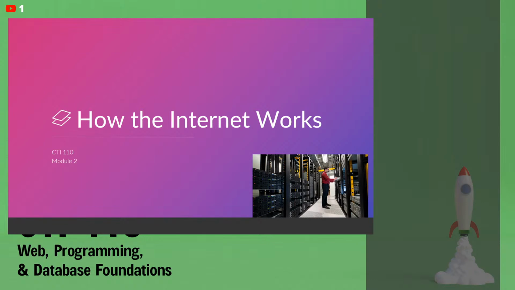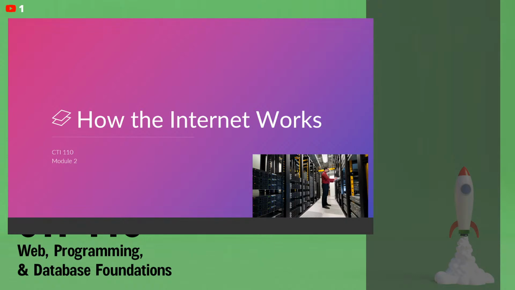The first thing that I want to look at as we're talking about how the internet works is the hardware surrounding the internet. Again, we're just going to look at this from a really high overview. We'll save the in-depth networking details for your CTI 120 class.